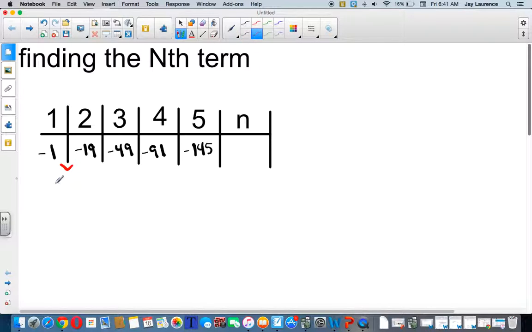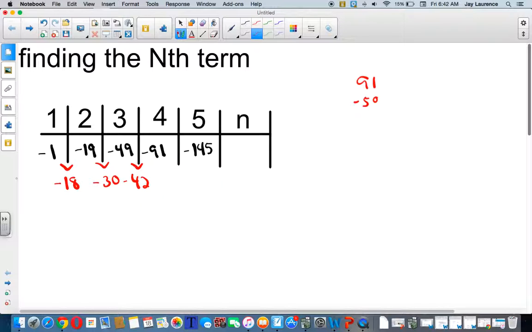And it looks like here I'm going to have to subtract 18. And here I'm going to have to subtract, what was that, 30? Right? Okay, and then here, if I did 91 minus 50, that would be 41, right? And it's only doing 4. So I'm thinking 42 minus 42.